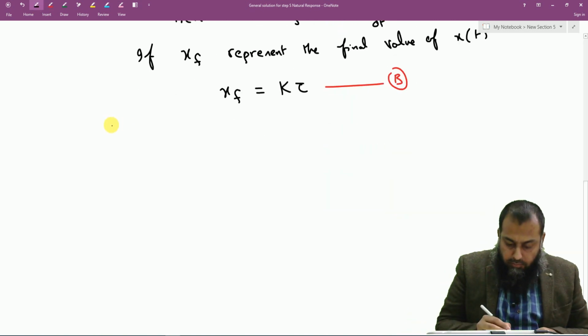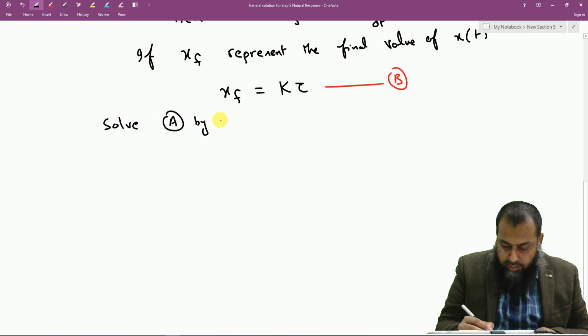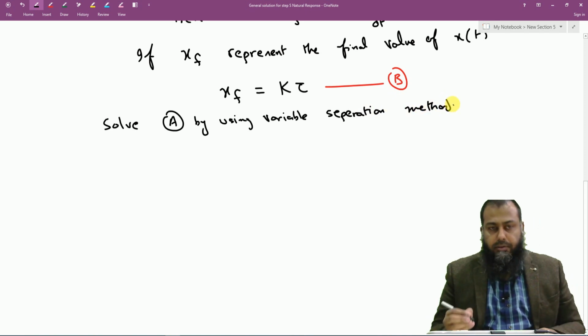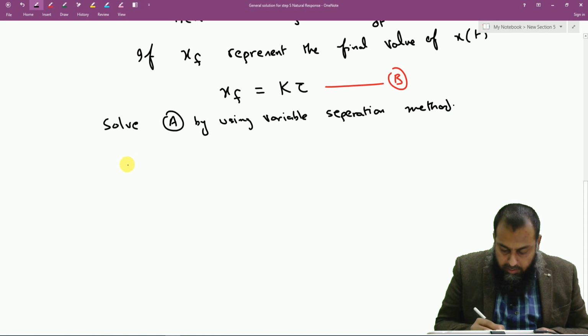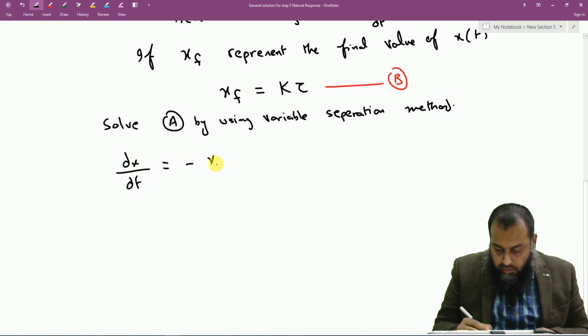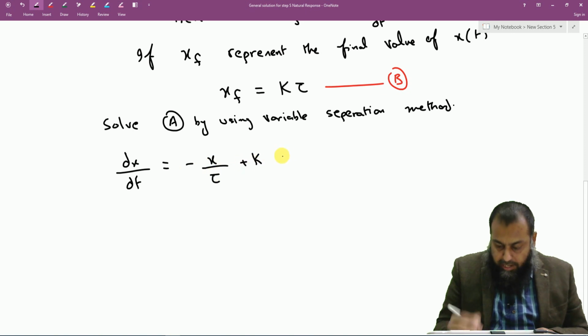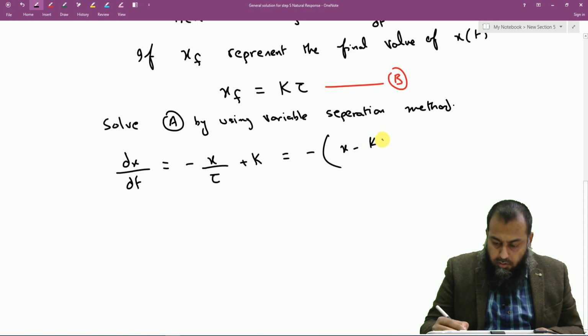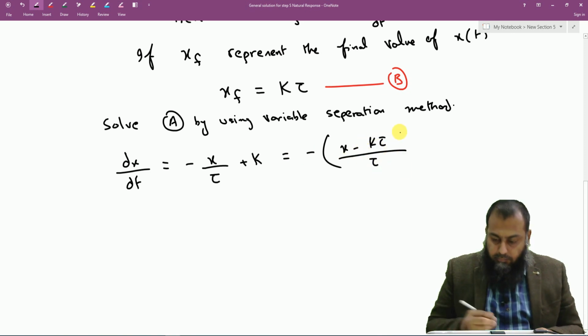So we can solve equation A by using the separation of variables method. Thereby dx over dt is equal to minus x over tau plus k, and this is equal to minus x plus k tau over tau.